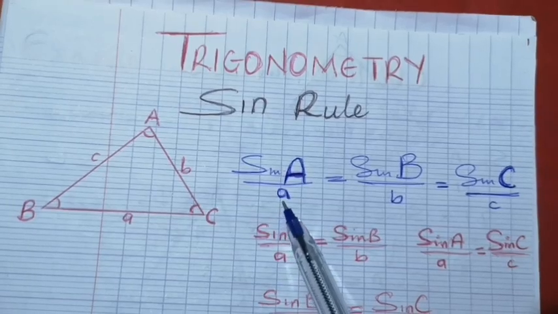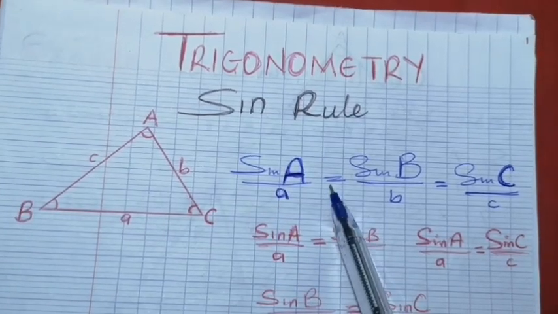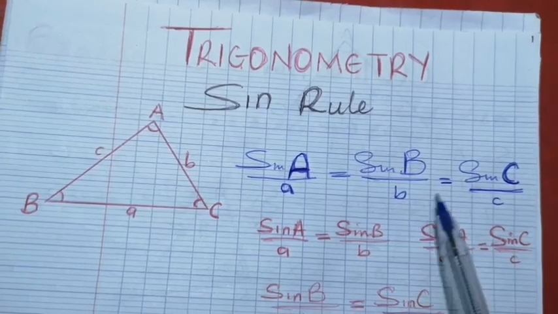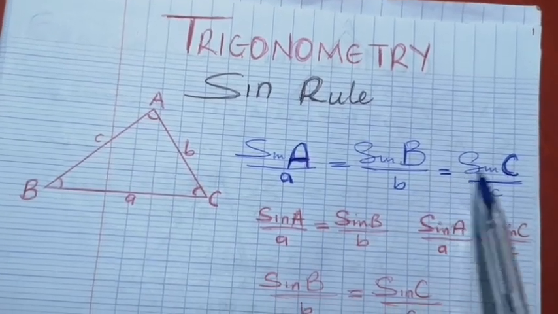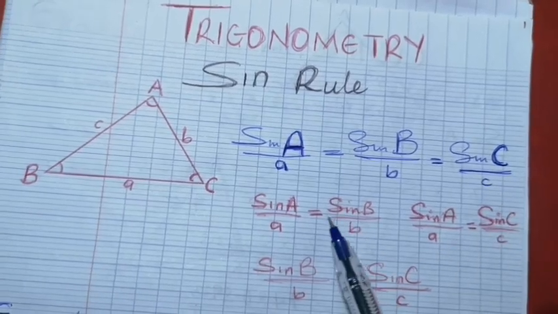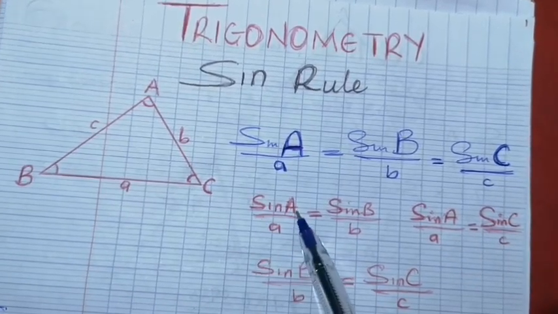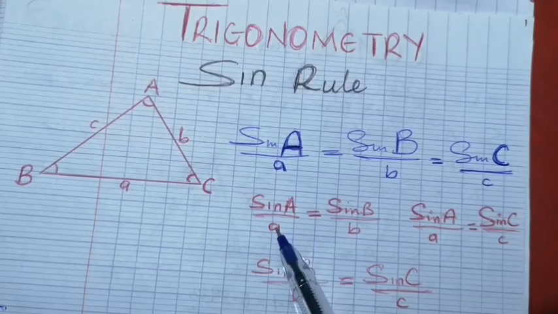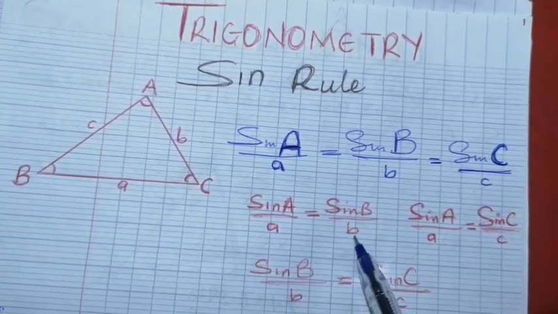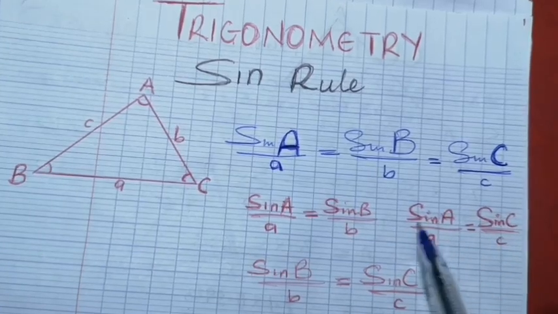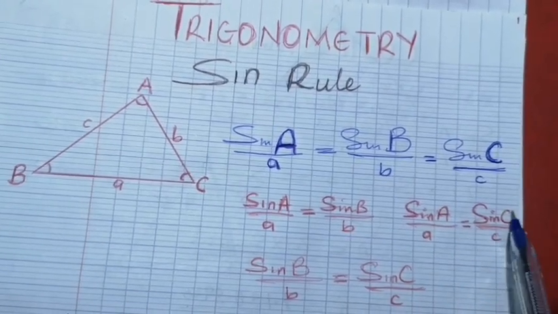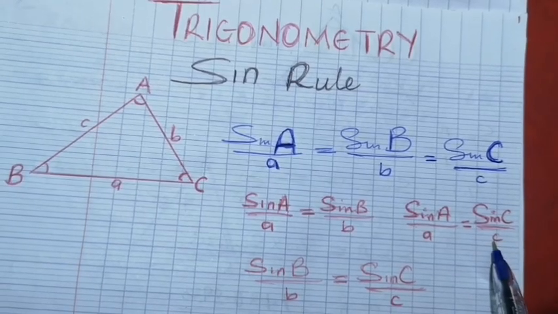all over small letter a is equal to sine B all over small letter b is equal to sine C all over small letter c. Or you can say sine A over a is equal to sine B over b, and also sine A over a is equal to sine C over c.